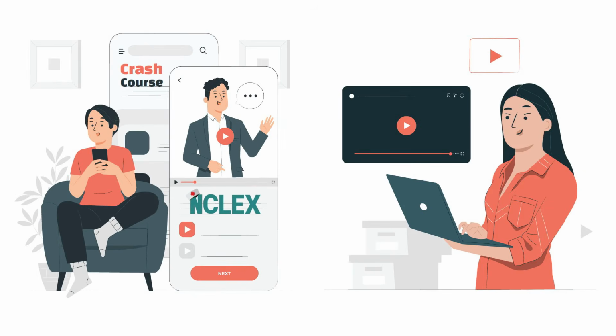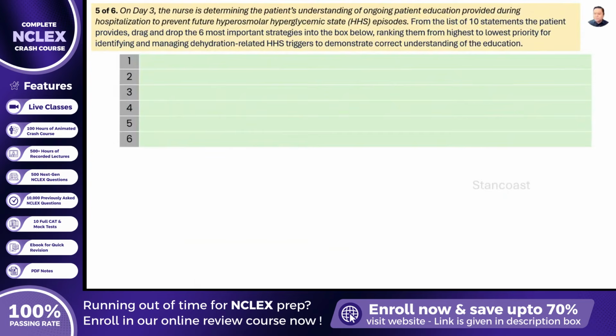All right, now let's dive into the topic. It says, on day 3, the nurse is determining the patient's understanding of ongoing patient education provided during hospitalization to prevent future hyperosmolar hyperglycemic state episodes.